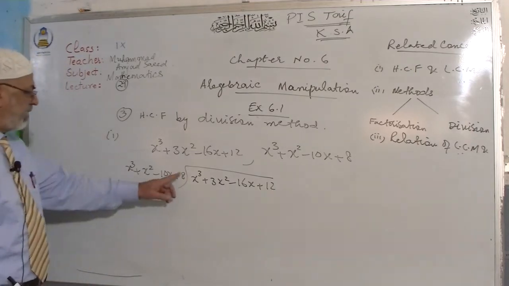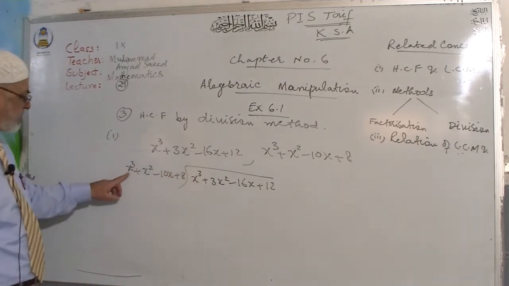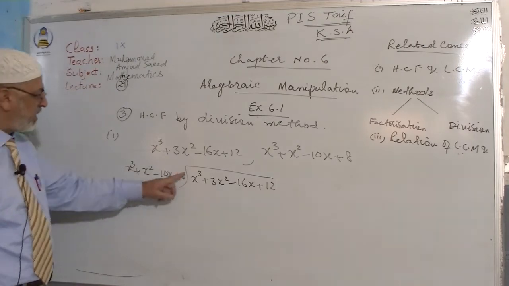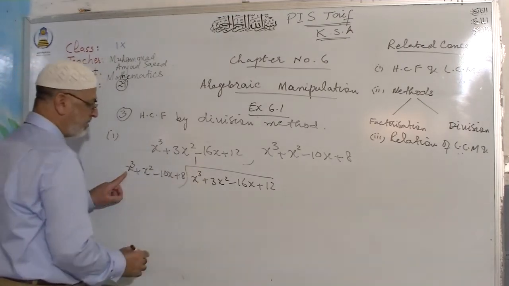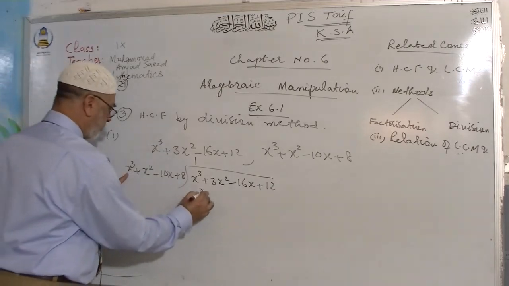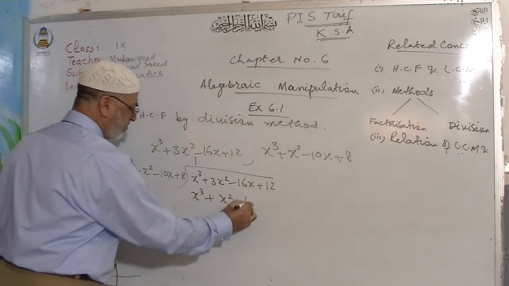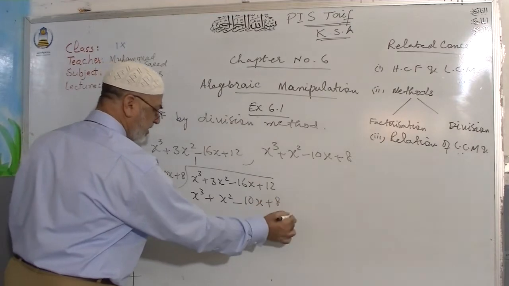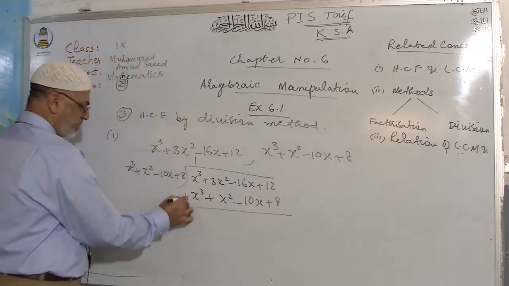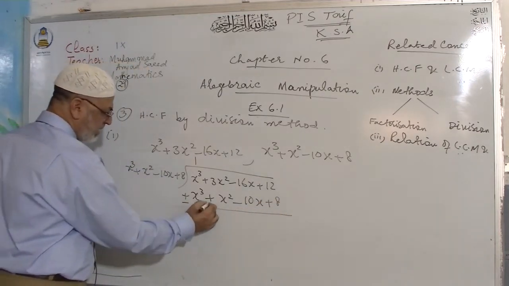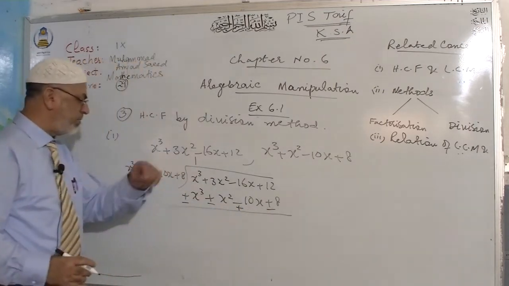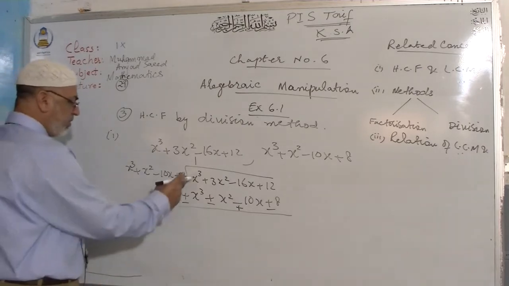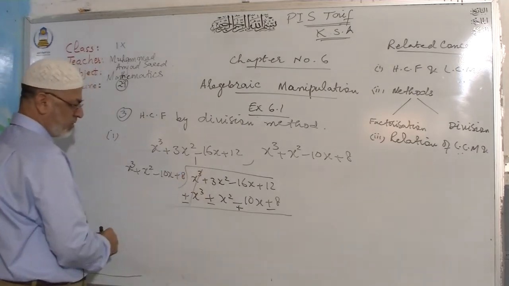Remember that x cube is divided by x cube. First is divided by first. So you will have 1. So x cube plus x square minus 10x plus 8. This is positive sign. Change the sign below. Plus x cube minus x cube cancelled out.